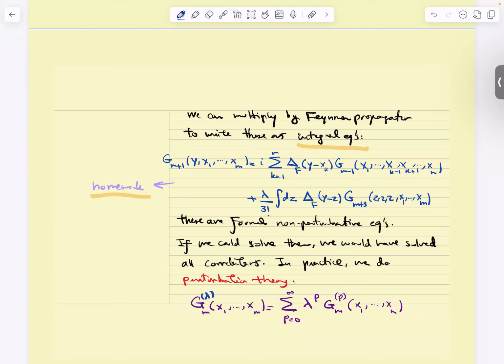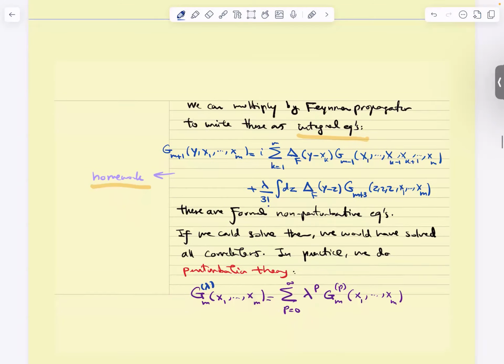Most textbooks do it a little bit differently, but I found this a little bit more elegant. Now that we expand it this way, because we know the G_n at lambda equal to 0, which we could solve, there's a hope of solving those equations order by order, recursively.